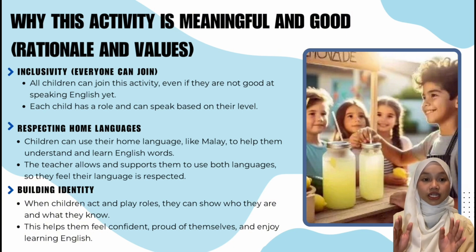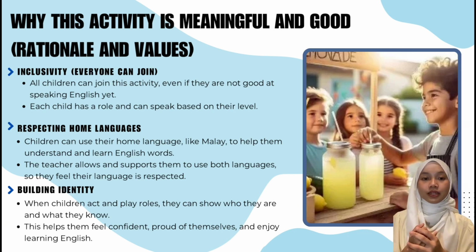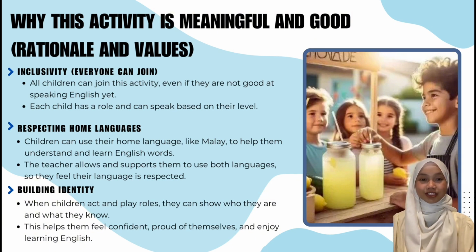Instead, the teacher helps by saying, you can say, "I want bananas." This shows that their mother tongue is respected and they feel safe to use both languages. It also helps them learn new English words while still feeling proud of their own language.